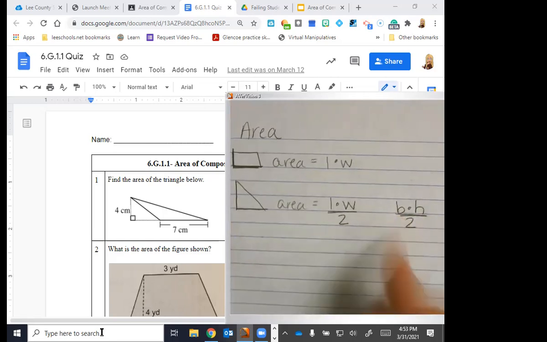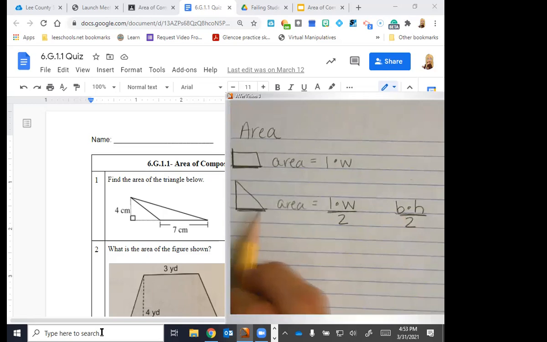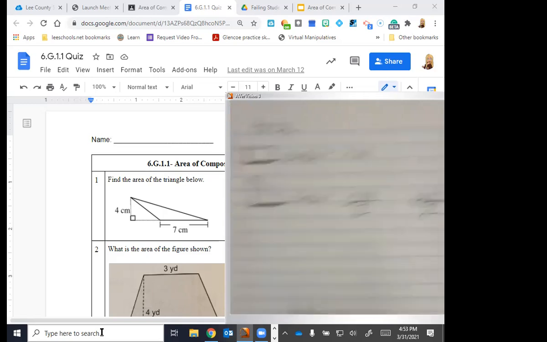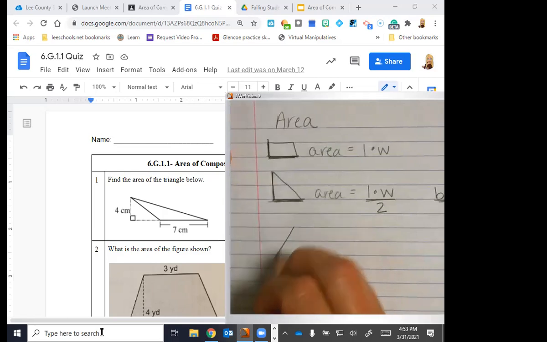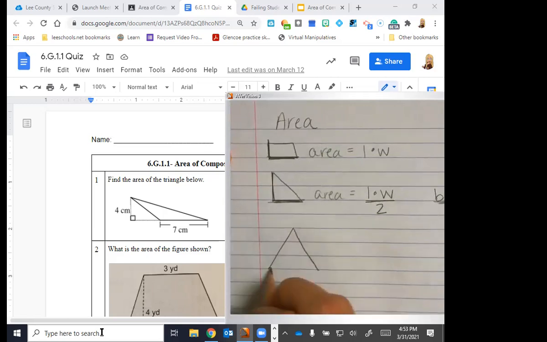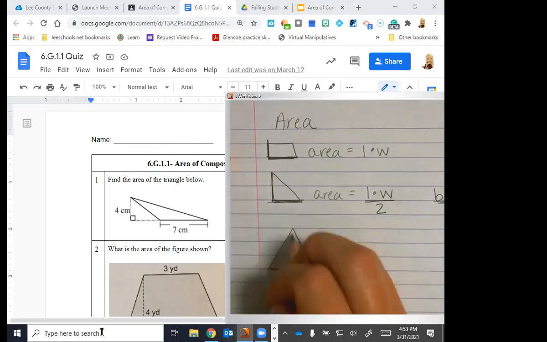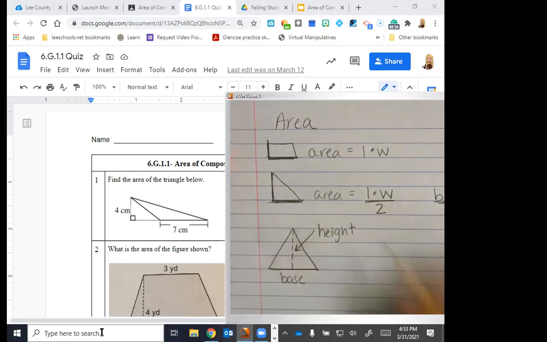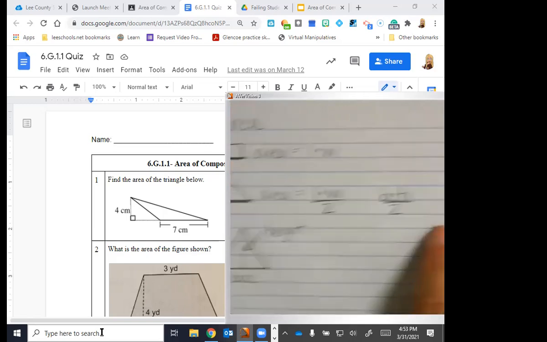And your base would be the bottom of your triangle, and your height is to the tippy top of the triangle. So if we had a triangle shaped like this, our base would be down here, and our height would be given some way, would be here, okay? So when we talk triangles, we're talking base times height divided by 2.